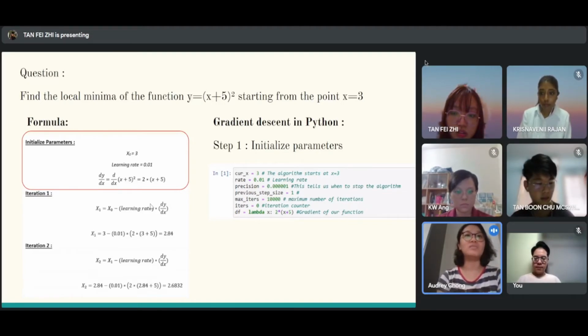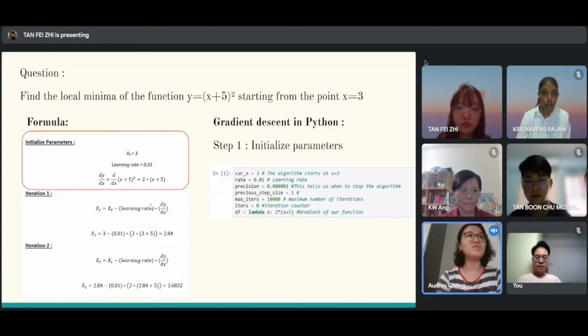The precision we have set to 0.0001, which is used to stop the algorithm's learning, and the previous step size equal to 1 we have set up, and the maximum iteration we will set up to 10,000, and the iteration starting at 0. The differentiation lambda function argument is set to the differentiation of y function, x equal to 2 times x plus 5, for our gradient function.